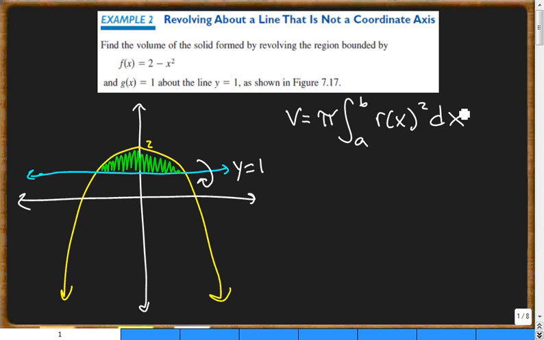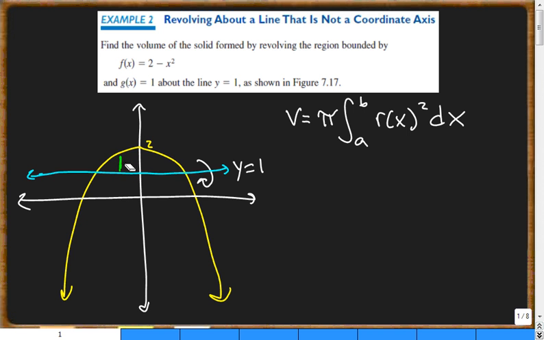So we need to know what the radius is, which is, in a sense, how far from our revolution axis that our graph is. So if we think about this, we're rotating this region here around the blue line. So we're going around this way. So how do we describe this distance here, right? Because we're making a circle based off of that.